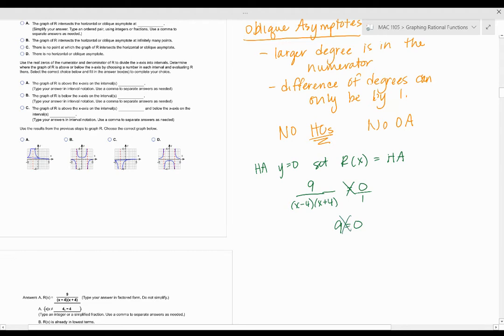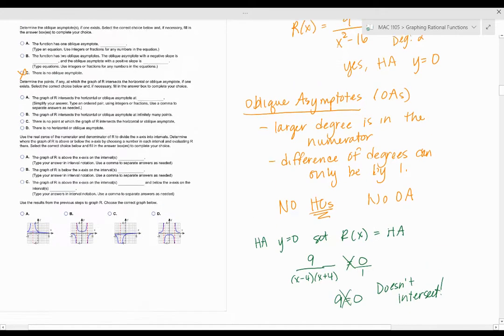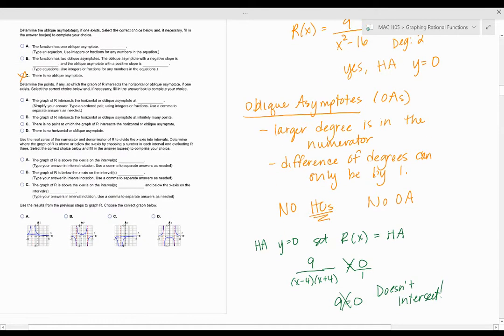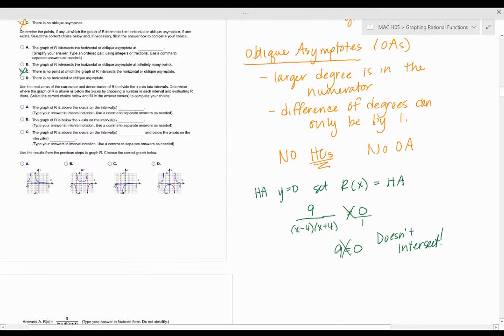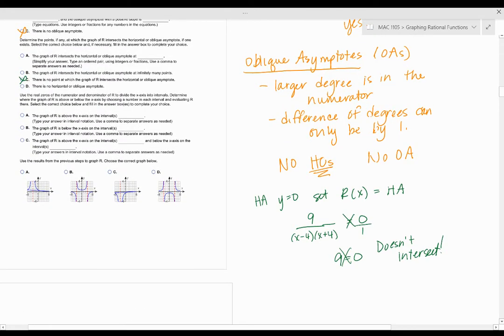So our graph does not intersect the asymptote. Let's see what our answer choices are. Does the graph of R intersect the horizontal or oblique asymptote? Nope. Does it intersect at infinitely many points? Nope. There is no point at which the graph of R intersects the asymptote. Yep, that's us, C.